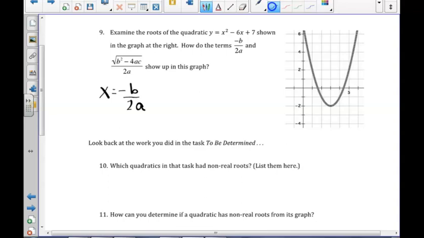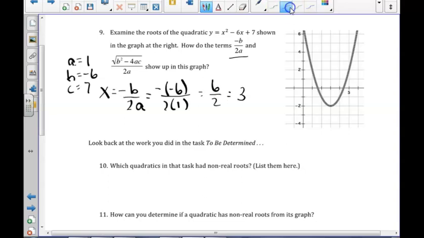And if you recall in a prior lesson, we do know that the -b over 2a is the axis of symmetry. We can plug into our formula, -b over 2a, in this case a is 1, b is negative 6, and c is 7. So negative b would be negative times negative 6 divided by 2 times 1, 6 over 2. So my axis of symmetry should be 3.